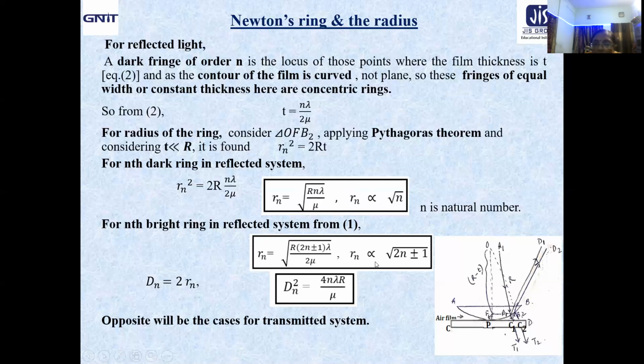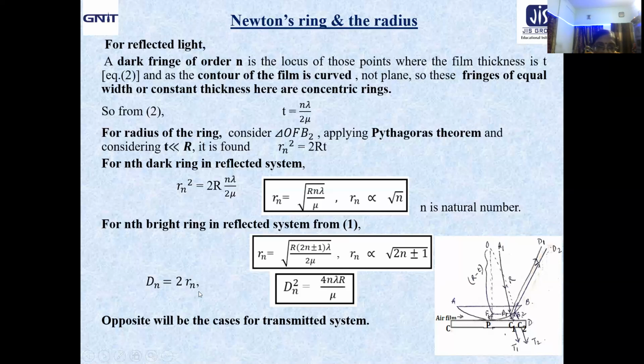That means Rn is proportional to square root of (2n plus minus 1). So the radius of the nth bright ring in the reflected system is proportional to the square root of an odd natural number.